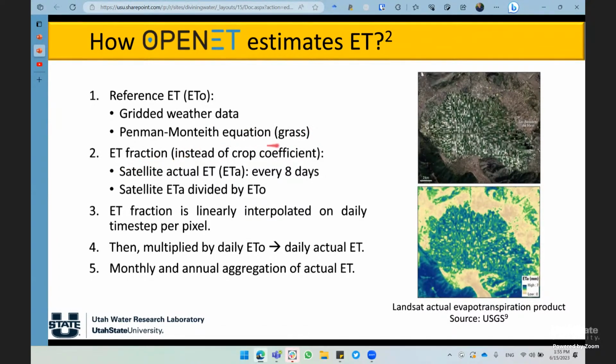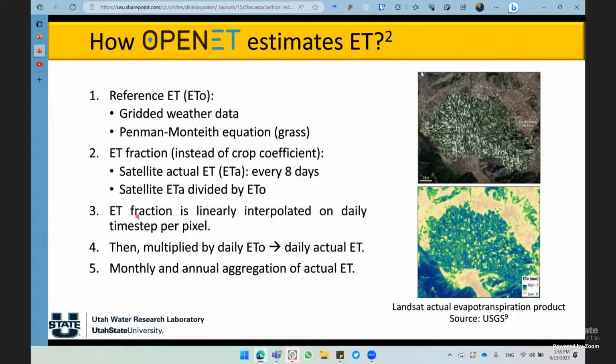So they don't use the crop coefficient; they calculate the ET fraction. For the ET fraction, they get the satellite actual ET that comes from the Landsat satellite, and this data is gathered every 8 days. They get this satellite ETa data, and it's divided by the ETo that they calculated in the previous step.